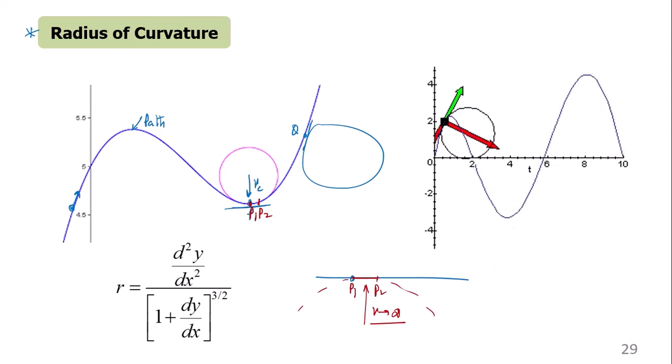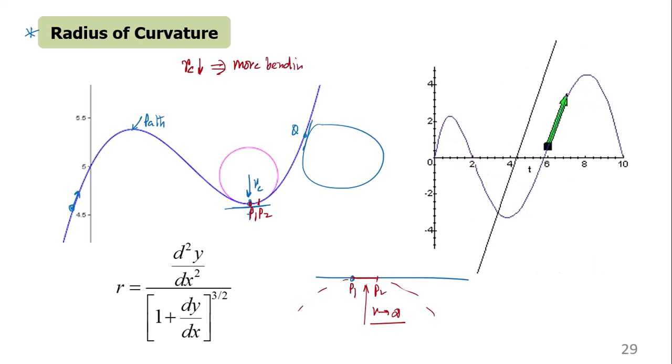So if the surface is a flat one, R will be more. Radius of curvature will be more. If the surface is a curved one, then the radius of curvature will be less. So the meaning is that the smaller the radius of curvature RC, the more folding or more bending.